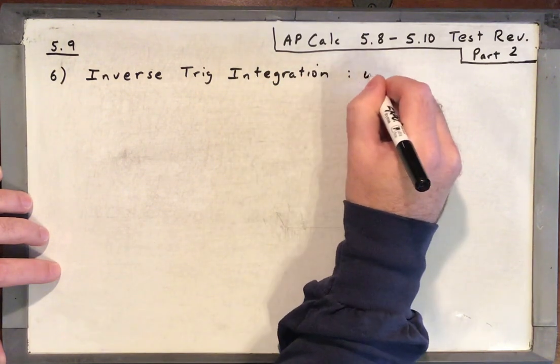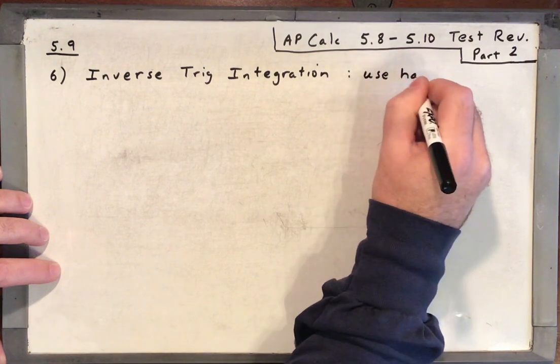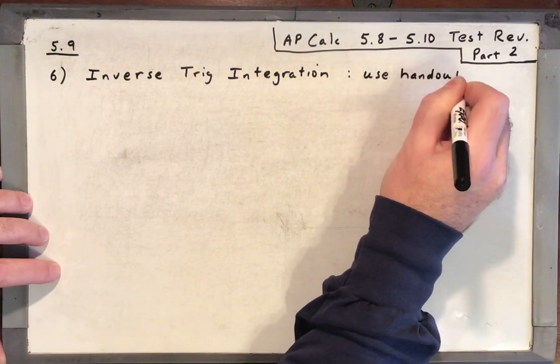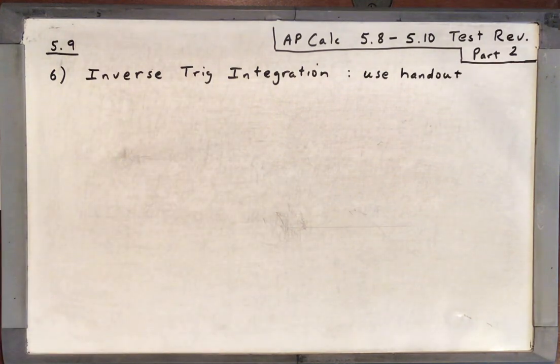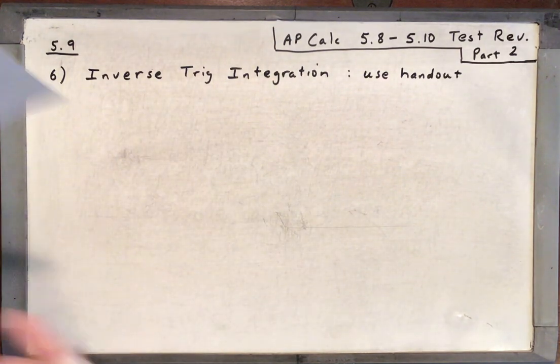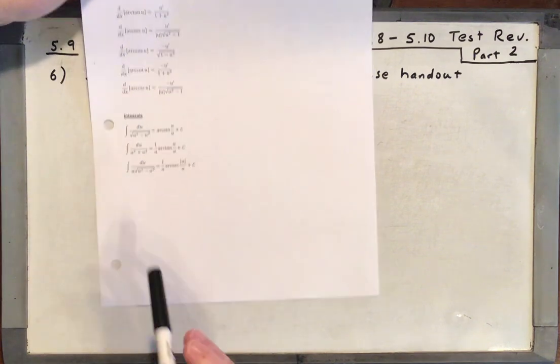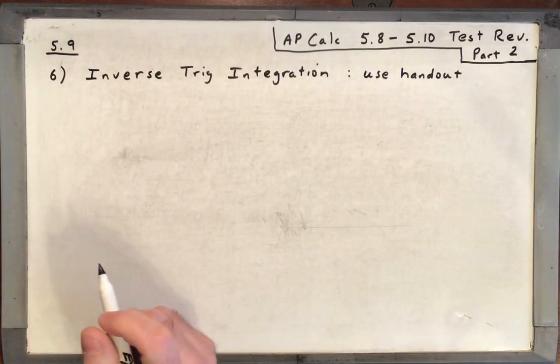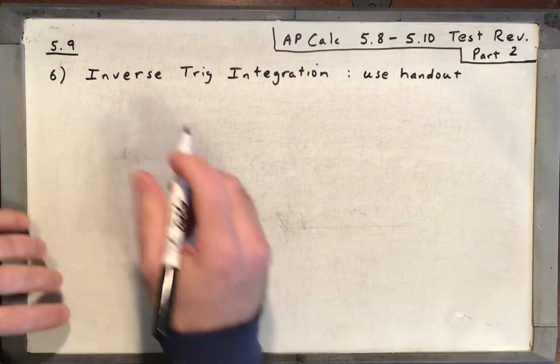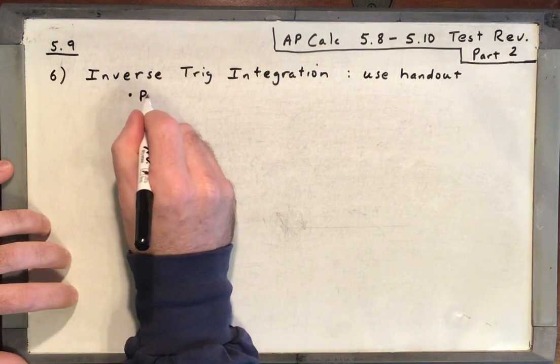And you're just going to use the handout, so you'll want to have your handout handy. Okay, so in 5.9, all that we had to worry about were these 3 formulas here on the handout. So it's really just about pattern recognition.